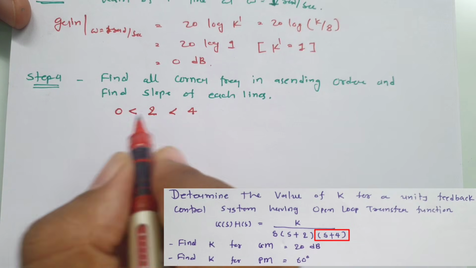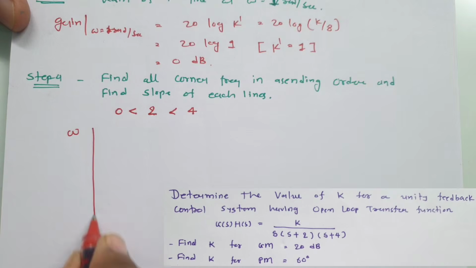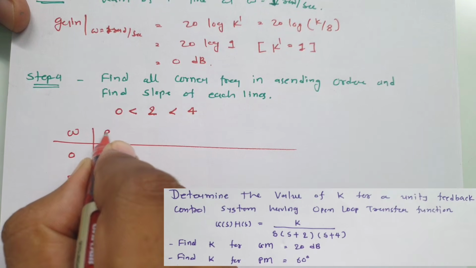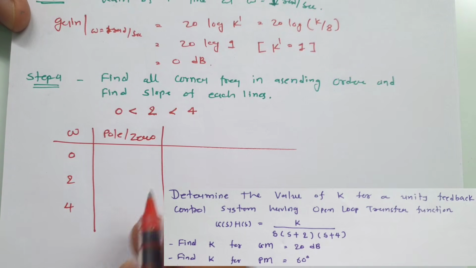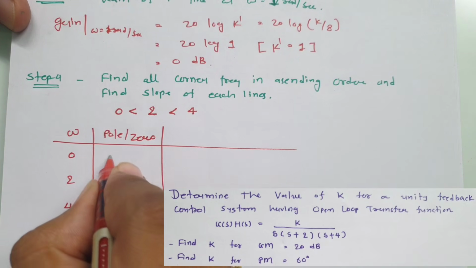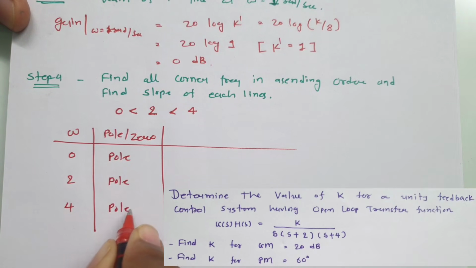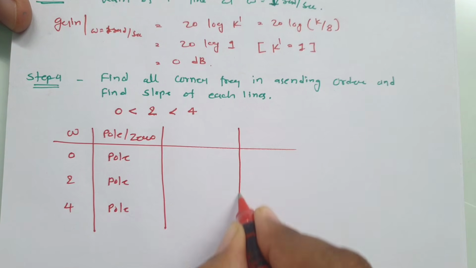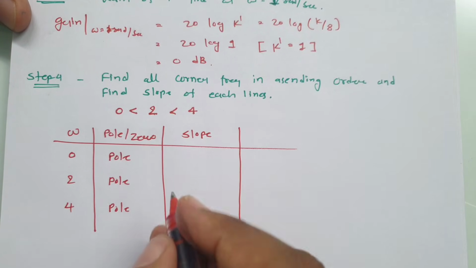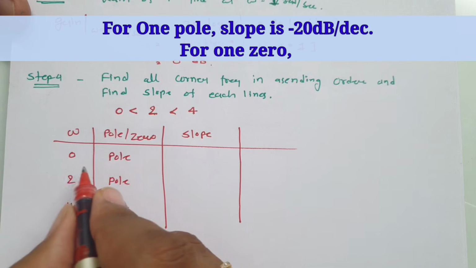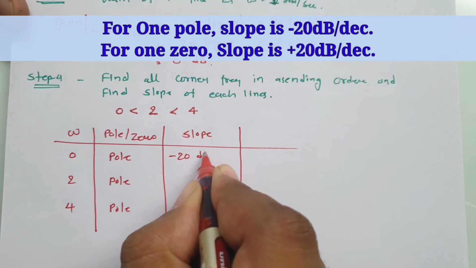So we have 3 corner frequencies, and I need to write all corner frequencies in ascending order. Next we need to write the pole or zero at each corner frequency, and here at all corner frequencies there are poles, so we need to mention a pole with each corner frequency. With a pole or zero, we have a slope with each line. If we have one pole here at the origin, we have a slope of minus 20 dB per decade.